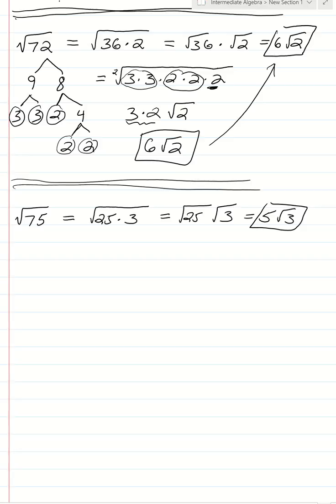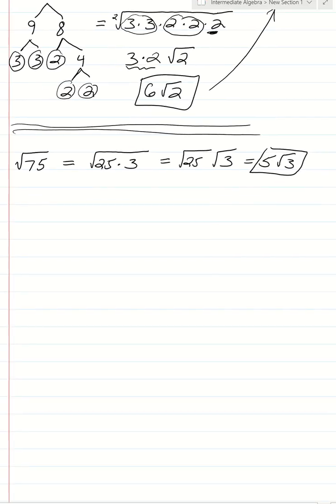If we were to do the same thing now and use that second approach, let's take the square root of 75 and write it as maybe, let's say I was to do 3 times 15, because 3 times 15 is 75. And 3 is prime.